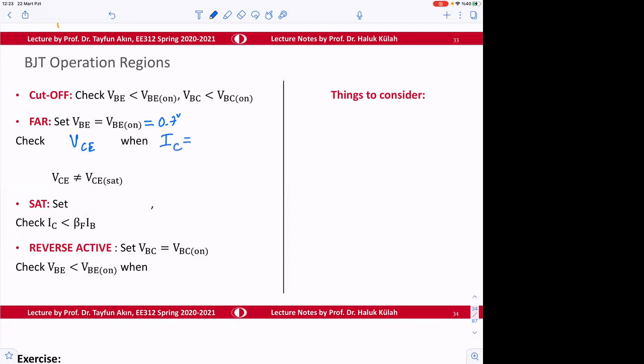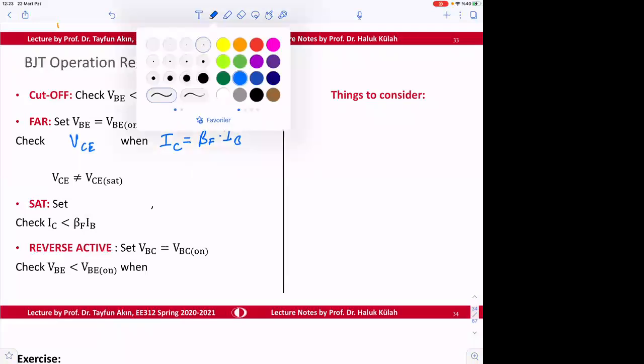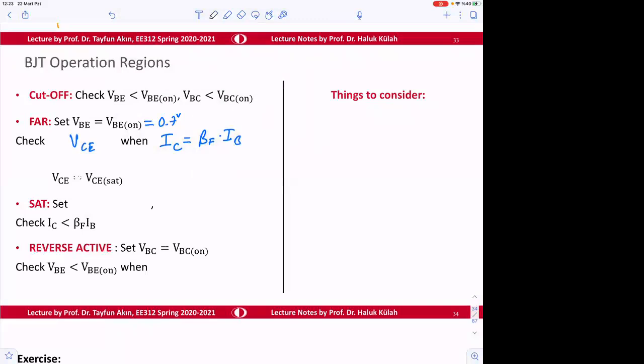As you know, the collector voltage, collector current relation is like this. Okay, so maybe this is wrong, let me correct this.